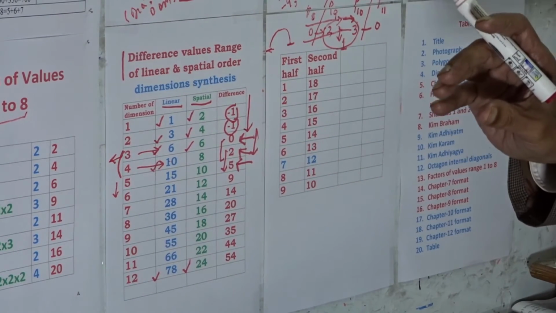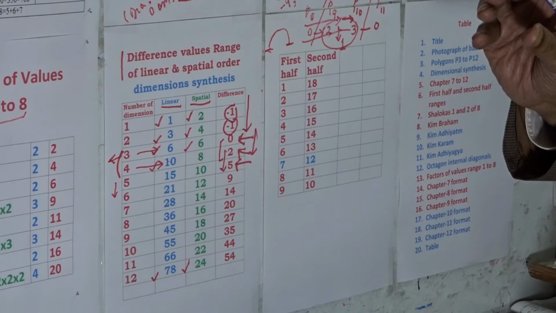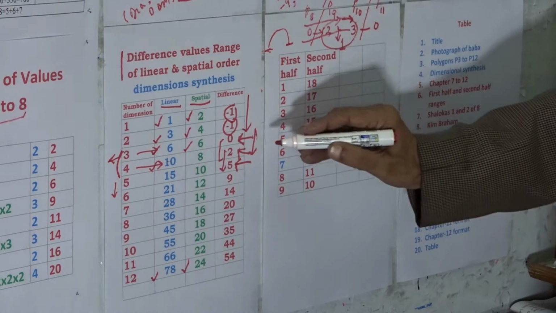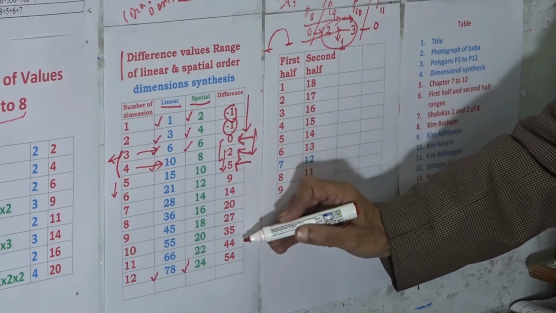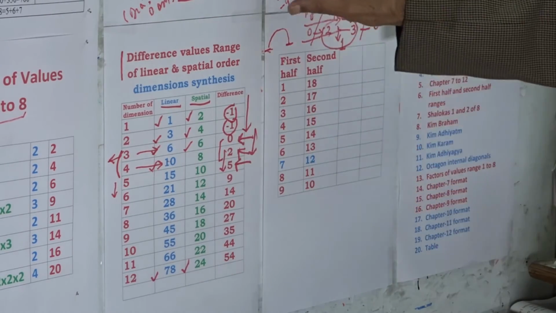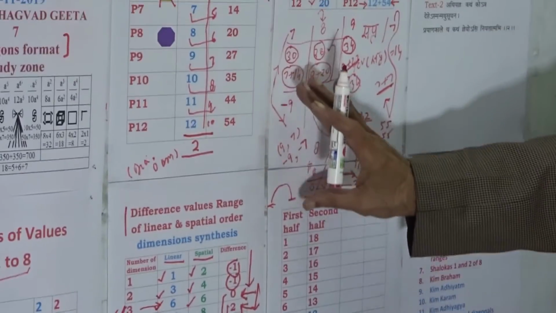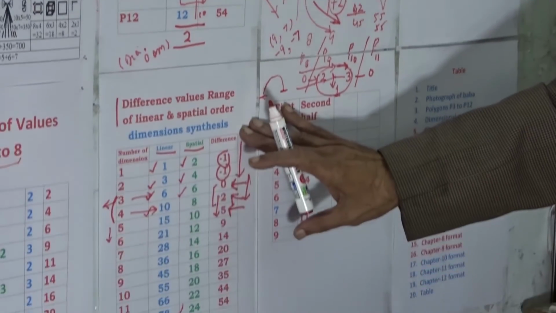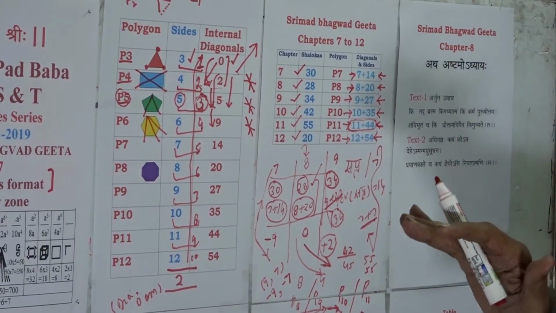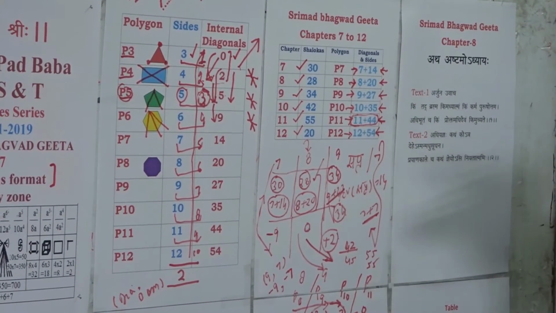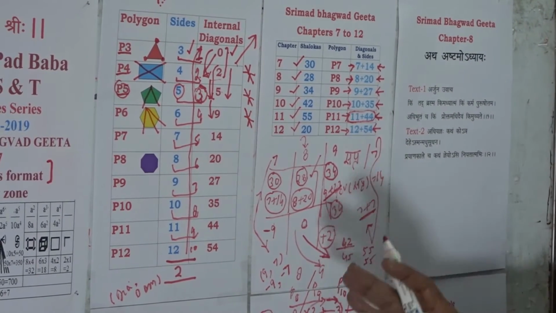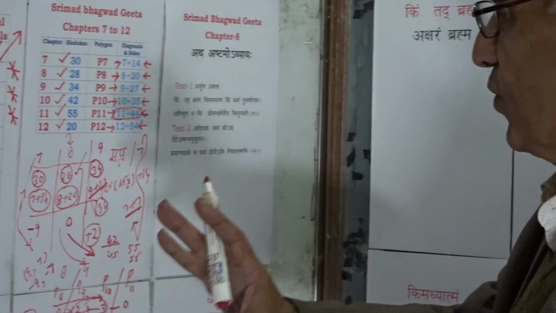Therefore, for the comprehension of the chase along the domain folds, there is going to be a straightaway parallel feature. It is this straightaway parallel feature of the difference values which, in case of the dimensional synthesis, in case of internal diagonals, runs absolutely parallel to each other. It is this feature which deserves to be comprehended well in the context of the domain fold.